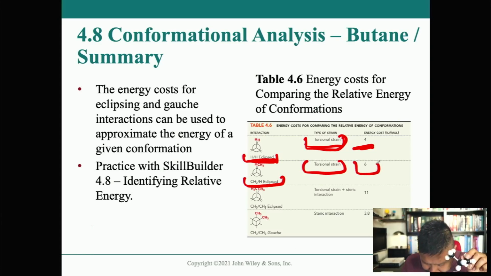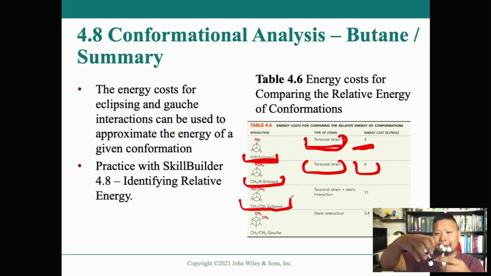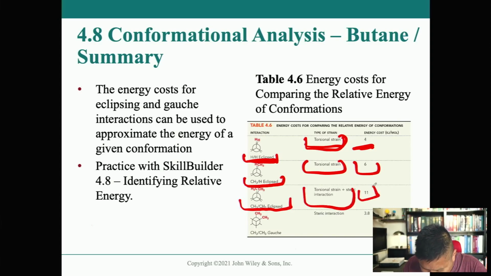But then when we get to the eclipsing methyl groups, that's a combination of both the torsional strain and also the steric hindrance, meaning these groups are so big and coming so close to each other that they don't want to be, and that increases their energy a lot. That steric hindrance costs 11 kilojoules per mole.